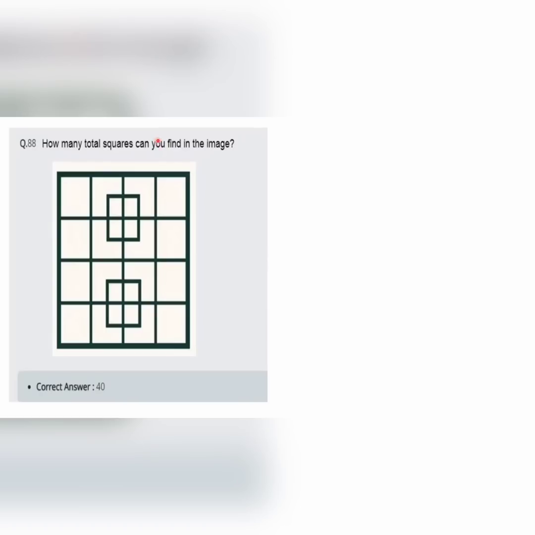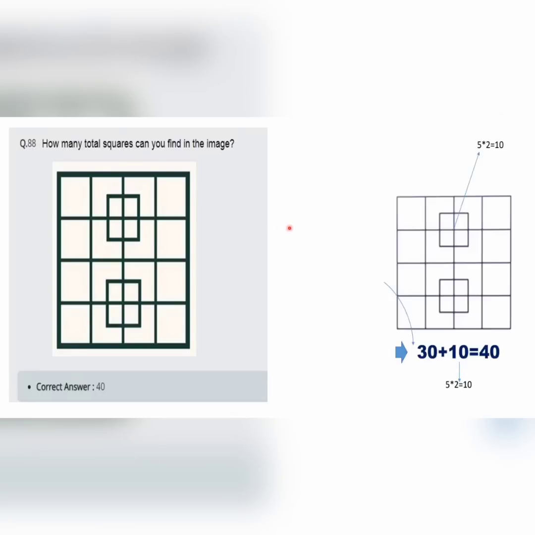Okay, now coming to the next question. Here we have to count the total number of squares, and this was a direct question from what we have discussed in different regular and crash batches. So we are proud to say that this question was directly asked.